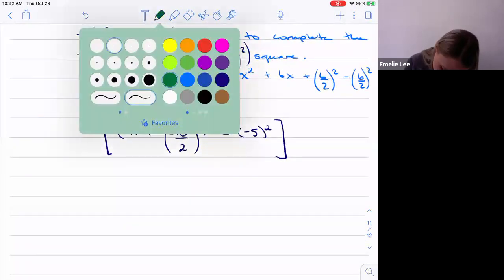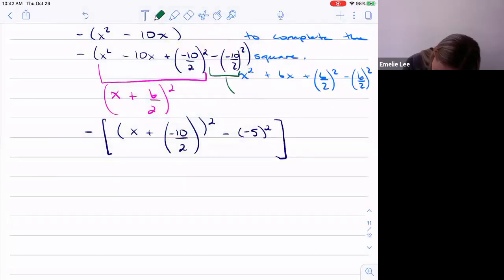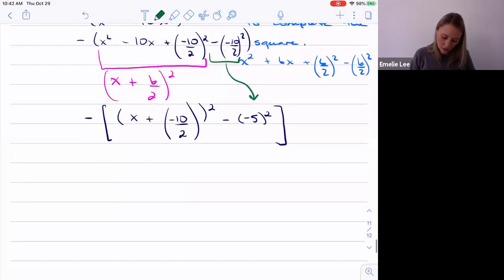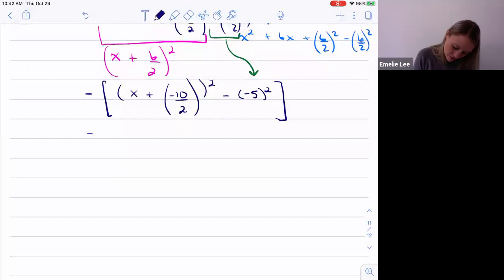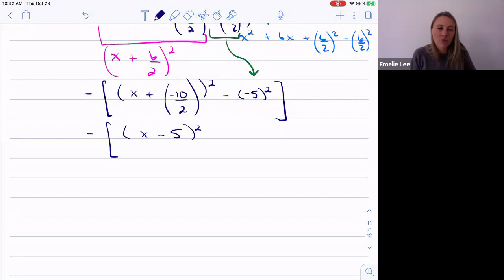Okay. From here, I have negative, and then x, negative 10 divided by 2 is negative 5, so x minus 5 squared. And then I have negative 5 squared is 25, so minus 25.